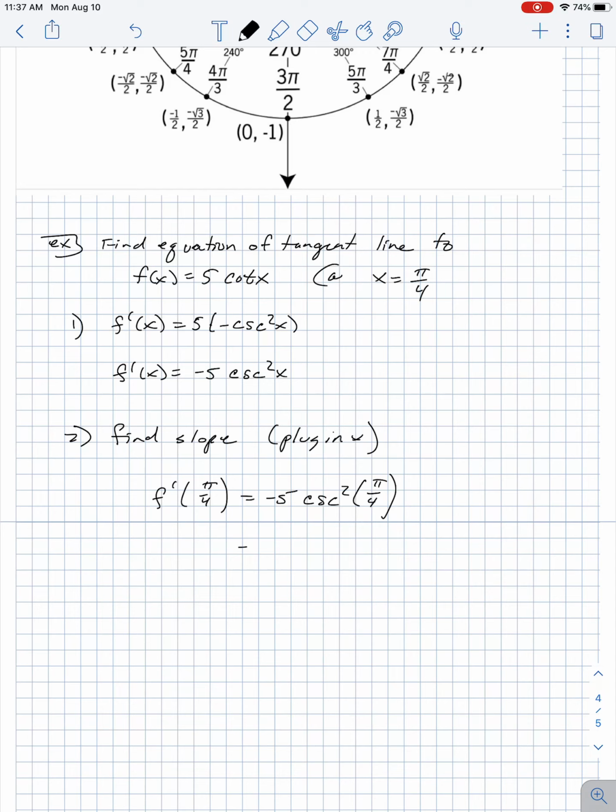All right, and now I need to evaluate this. Cosecant is related to the sine. It's the reciprocal of the sine. So I want you to go to the angle of pi over 4, and I want the reciprocal of the sine. The sine is the y coordinate, so I want the y coordinate flipped over. And then I want it squared because it's cosecant.